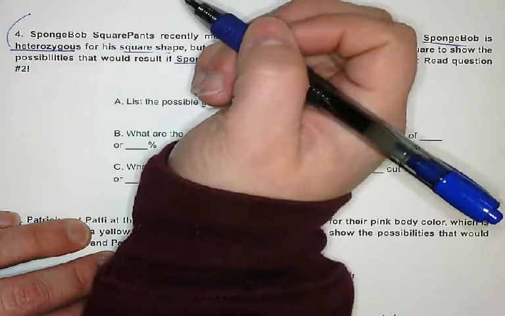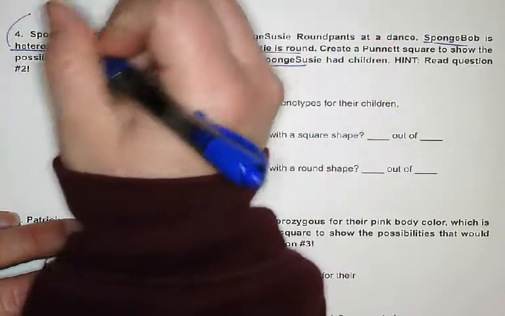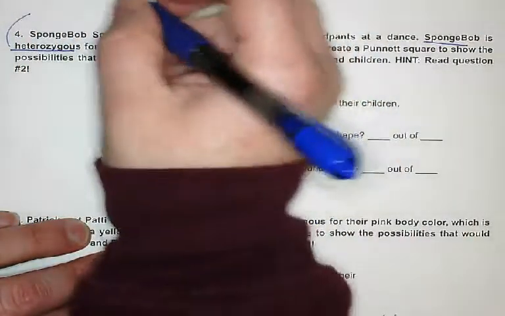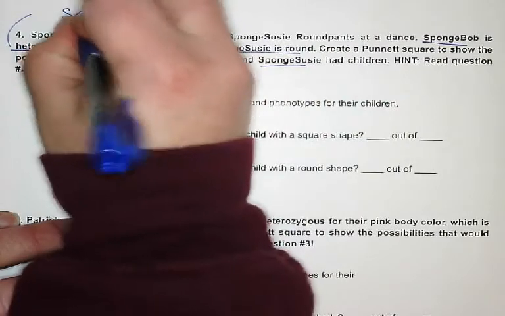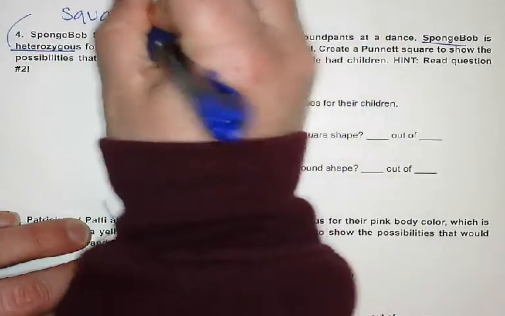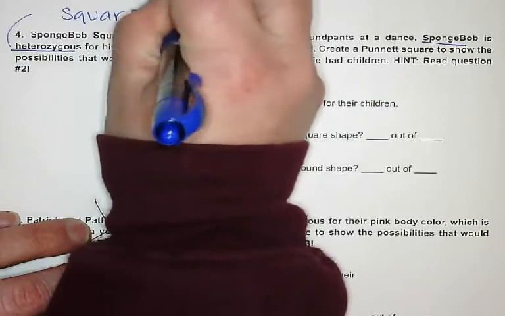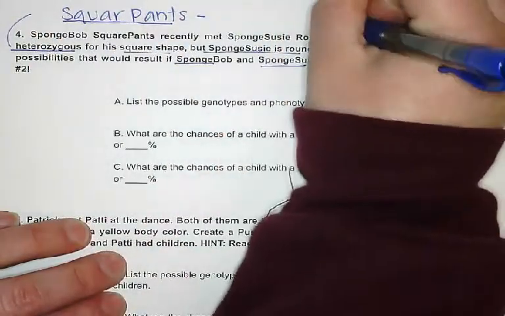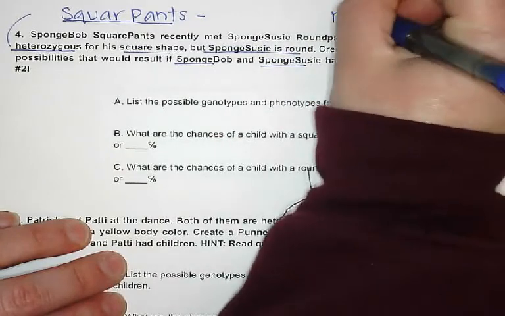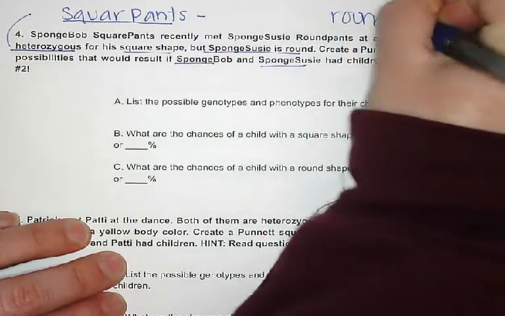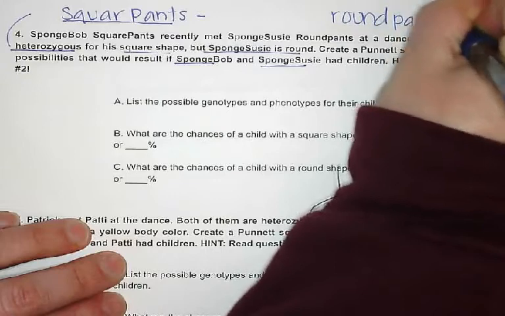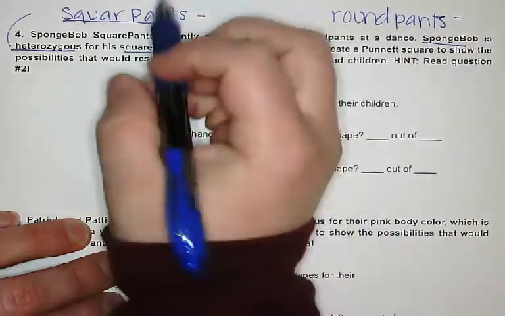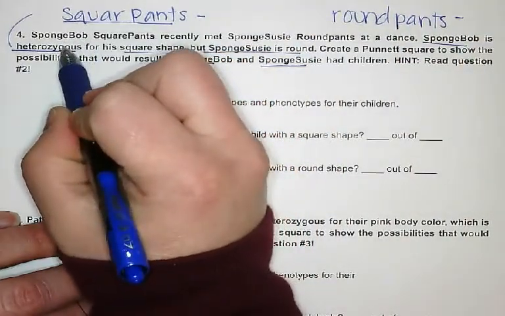SpongeBob is heterozygous. Square pants, and then round pants. Here's the key word for you: it says SpongeBob is heterozygous.